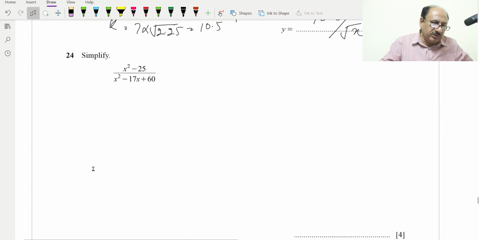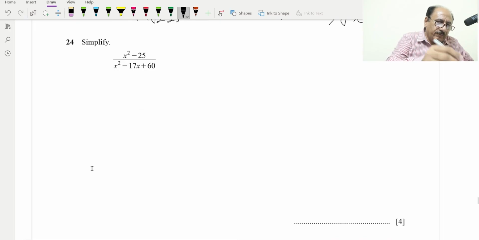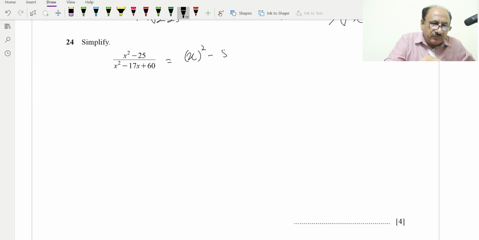Now question number 24, we have to simplify. For this simplification, we can write the numerator as x squared minus 5 squared, and the denominator we can factorize.